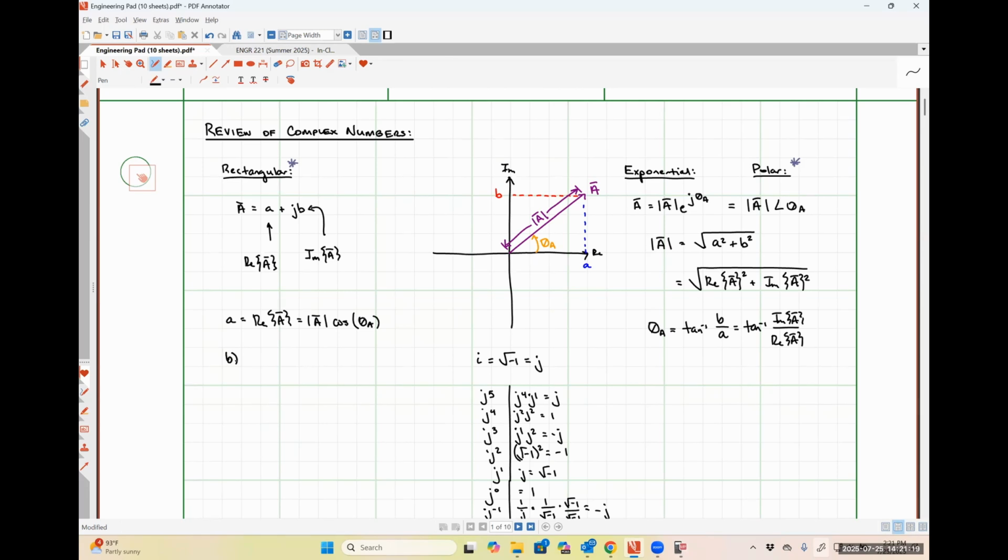And similarly, we could say that b is nothing more than the imaginary part of complex number A, and that is going to be the magnitude of A times the sine of our angle. So before we look at an example that seems like it's breaking this, does anybody have any questions, comments, or concerns?